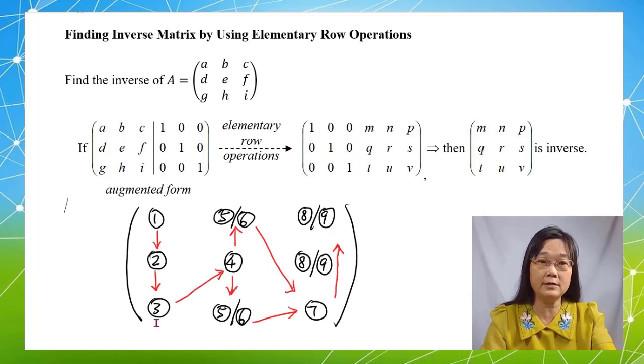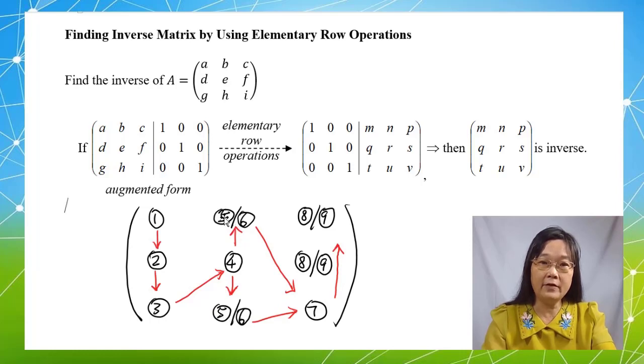You can follow this sequence where in the first step you change this number into 1, then in step 2 you change this number into 0, then step 3 change this number into 0. After this has been done, step 4 you change this number into 1. Then step 5 you can either change this into 0 or change this into 0.